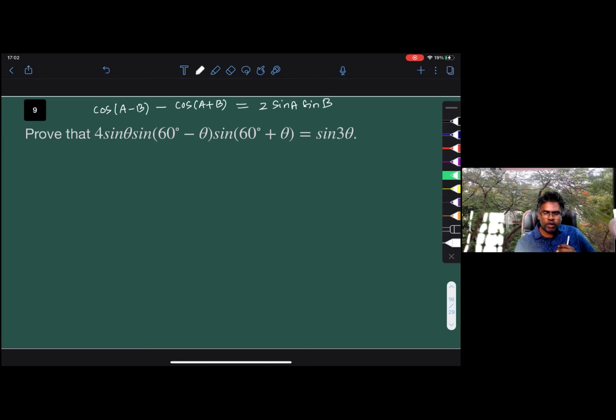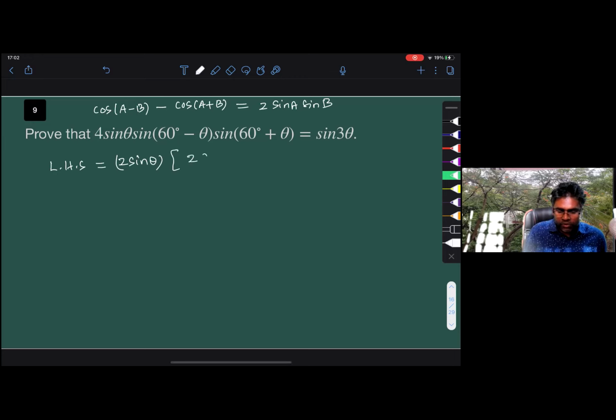Now, do I see that in the question? If you look at the left-hand side, I can manipulate it a little bit like this. The 4, I can write it as 2 into sine theta, and the remaining 2 as a factor, I am keeping it with the other 2 terms.